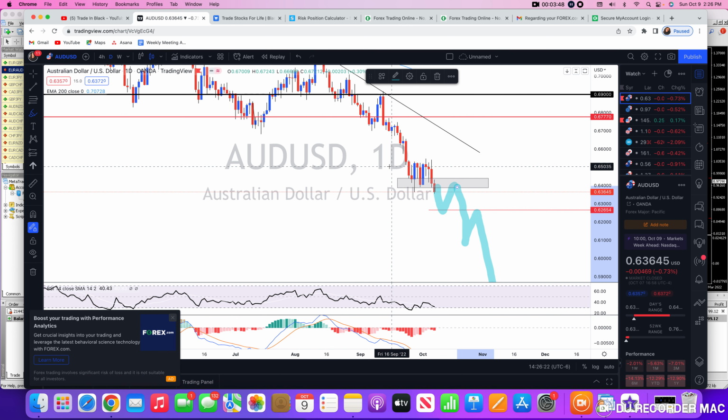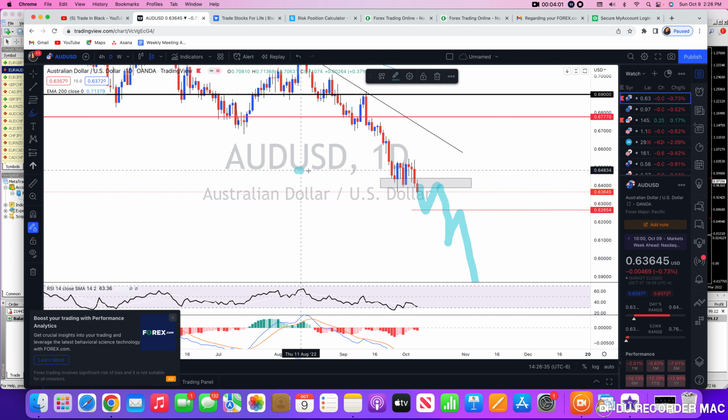We could continue to see a bearish market for AUD, but I think it's going to be bearish for a lot of the pairs where the quoted price, which is this one, is going to be going down.